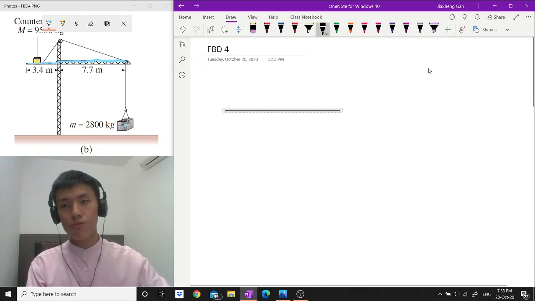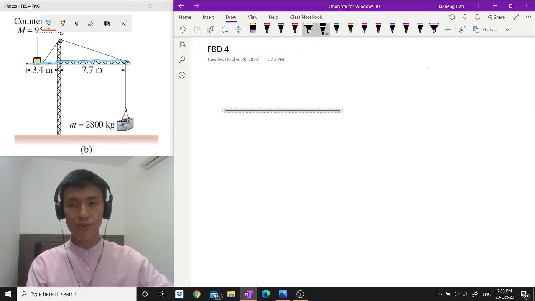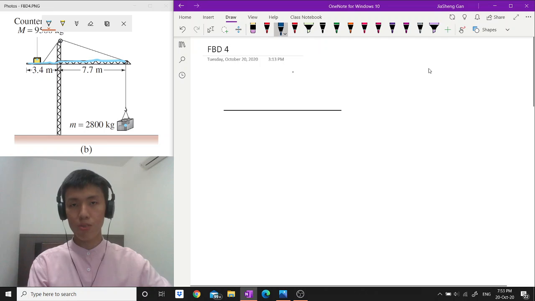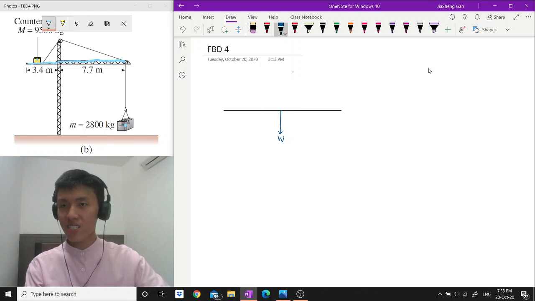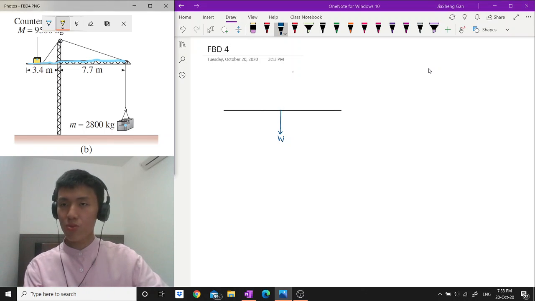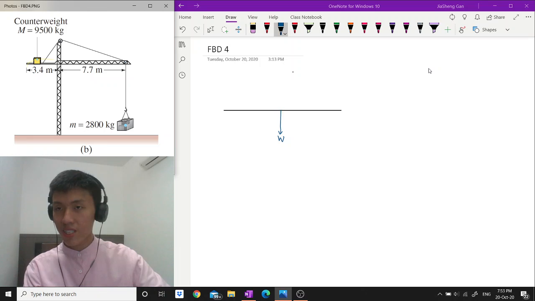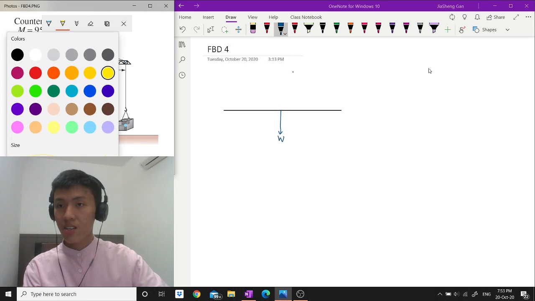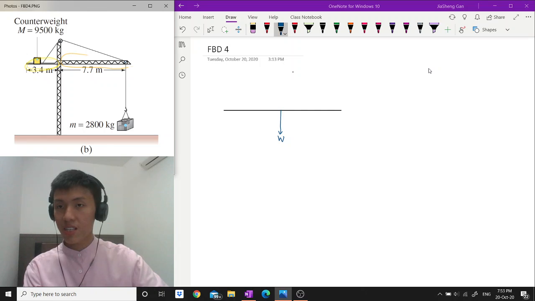So first thing is, does the bar have mass or not? If yes, then since we assume it's a uniform rigid body, the mass comes down from the middle. Actually, if you look at the diagram, it's not so correct to assume this way, because this part is thin, whereas this part is thick.